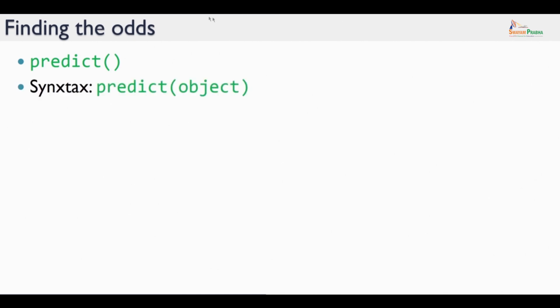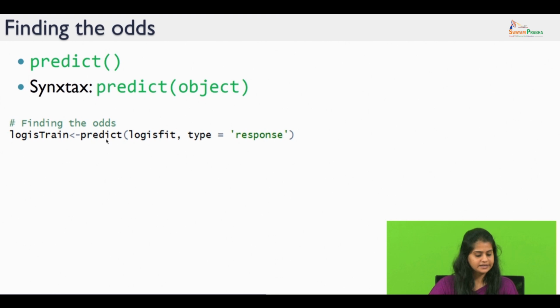Now let us find the odds. To find the odds we are going to use the predict function, and the syntax is predict and my input is an object for which I want to predict. Now for our data I am going to use predict. My input here is the logistic regression model.